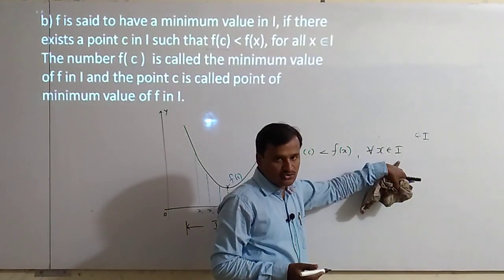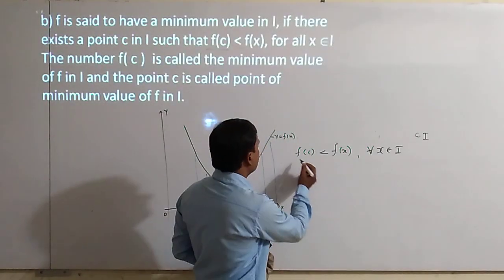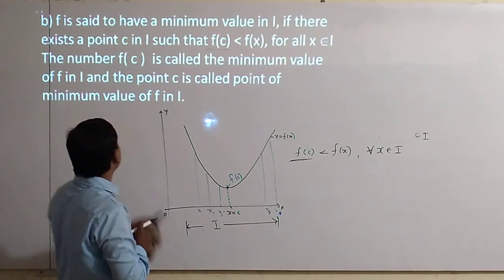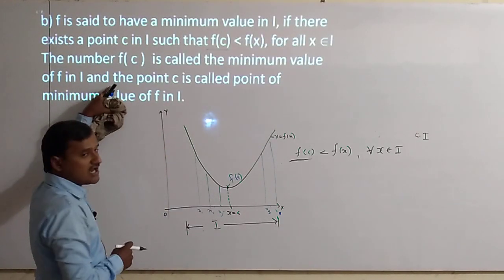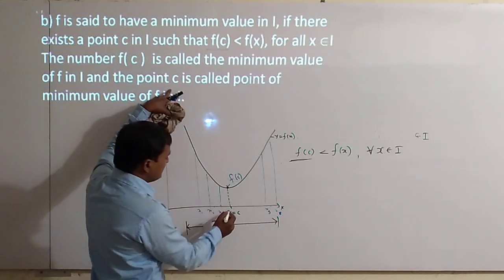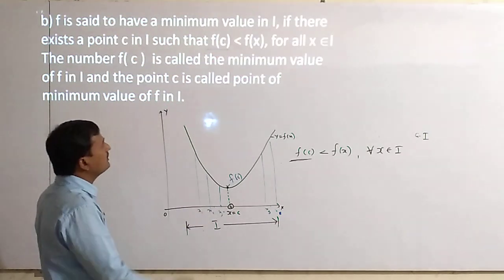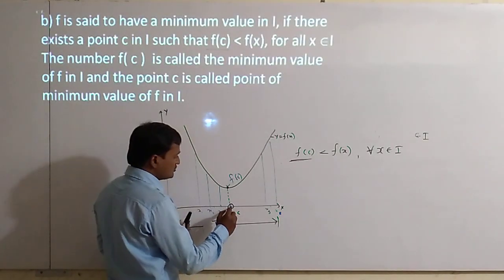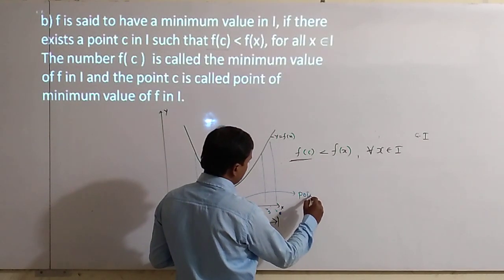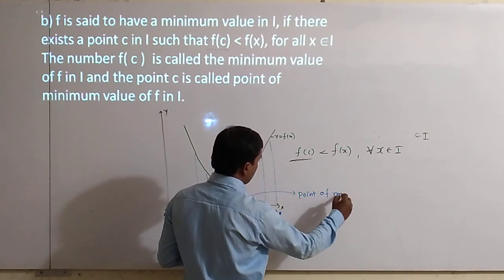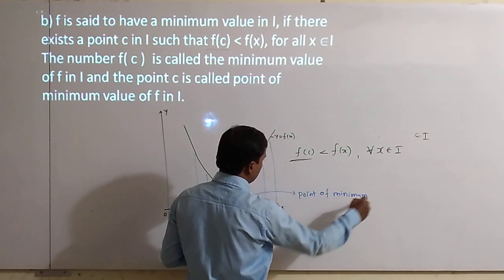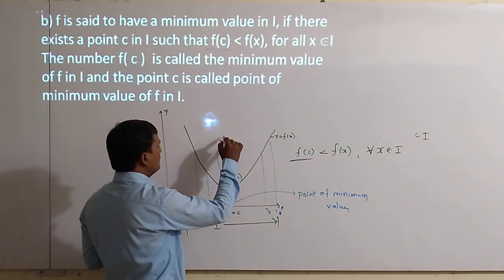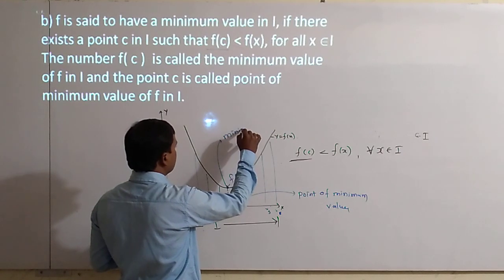Then f of c is called the minimum value of f in I, and this point c is called the point of minimum value, and this f of c is called the minimum value of f.